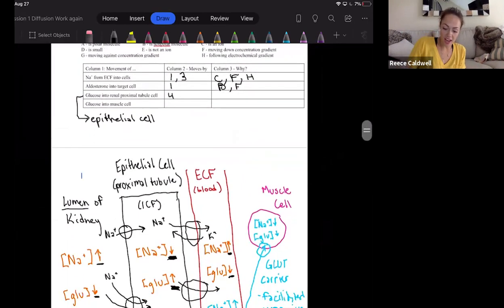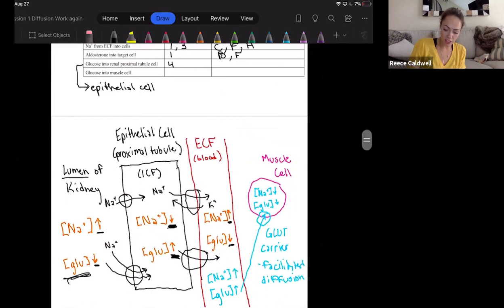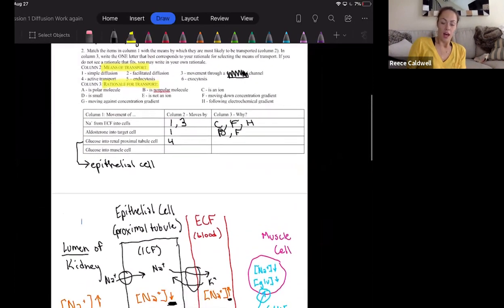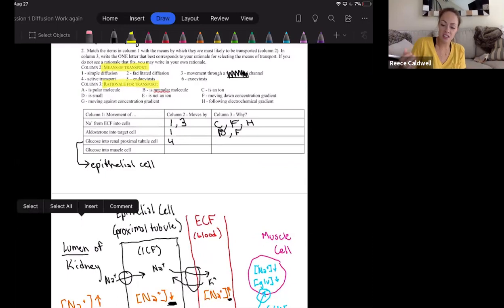We had to actively move that glucose into that epithelial cell by this active transport, that's sodium glucose symport. Why it does this is because glucose is an ion. We cannot simply move it into the cell.